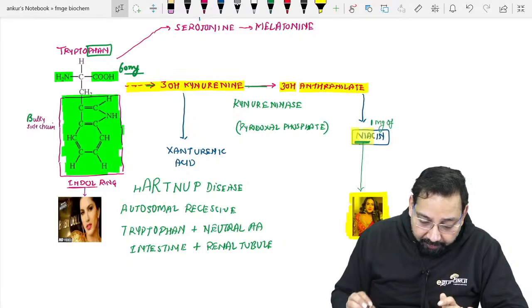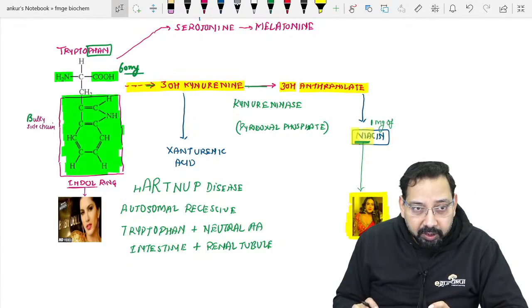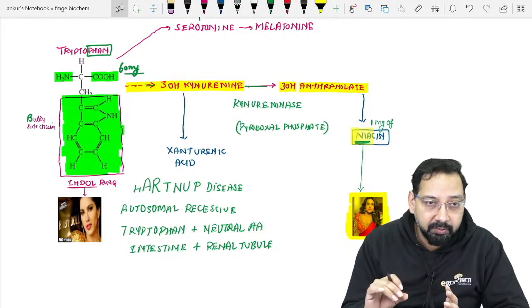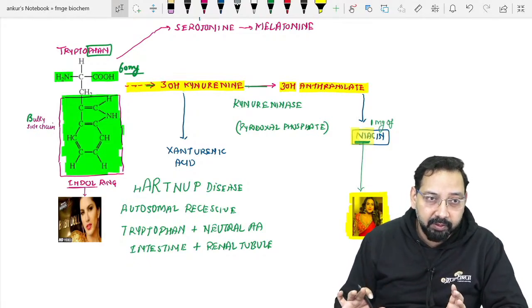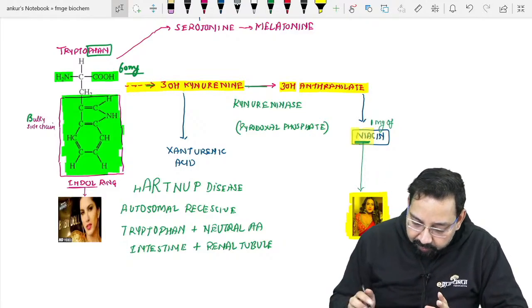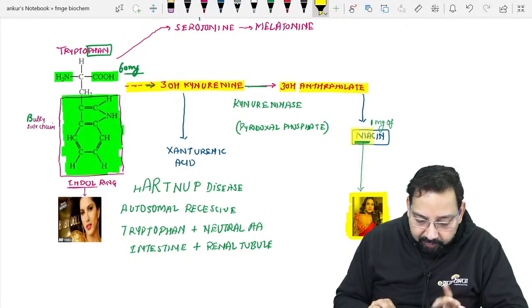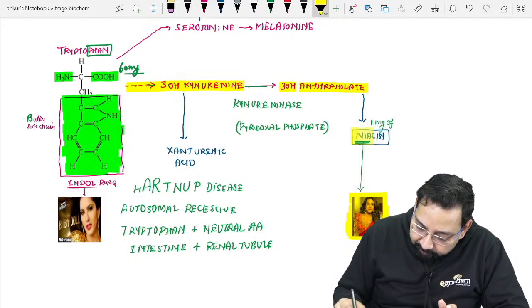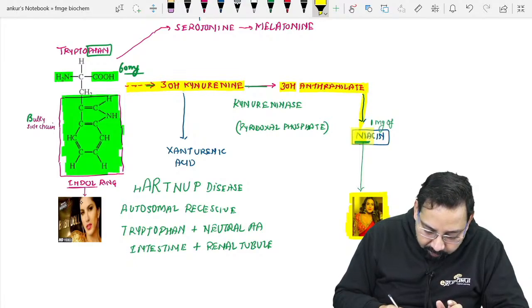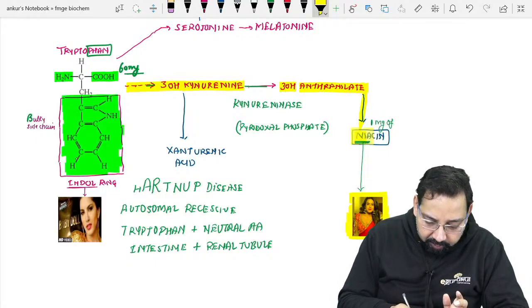Yes, anthranilate. When I started this mnemonic, I was not aware that these things would correlate themselves, but they started correlating. So Antramali, anthranilate. We found that this anthranilate is converted to niacin. So baby doll, Antramali, Nia Sharma. So you will remember.